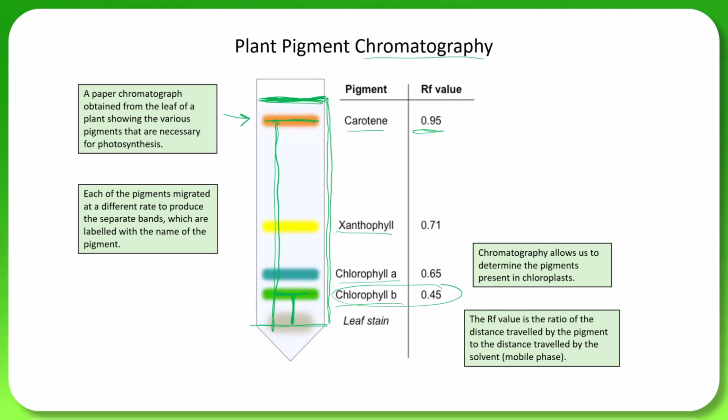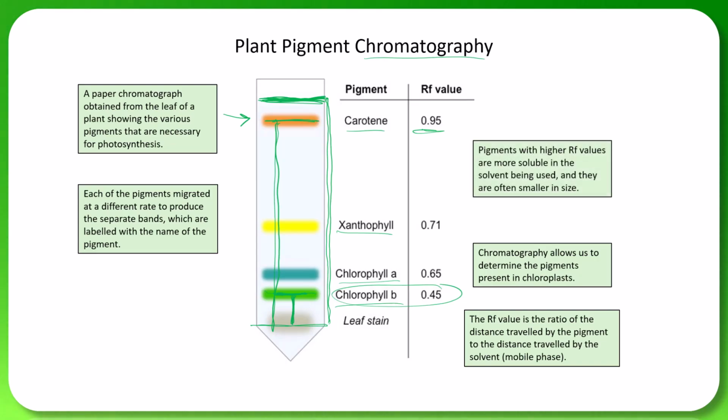Chromatography allows us to determine the pigments present in chloroplast, again, because we can actually separate and isolate them. Pigments with higher RF values are more soluble in the solvent being used, and they are often smaller in size. Again, the smaller the molecular weight and smaller the molecular size, the larger the distance the pigment travels.